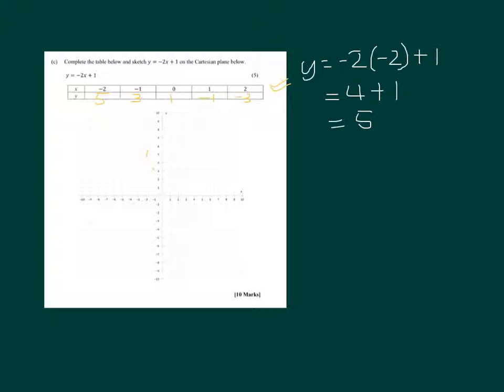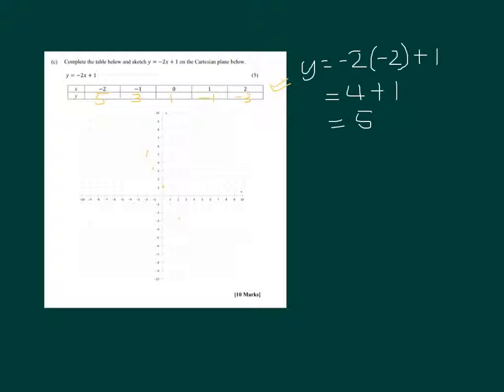So we need to try and get that point placed a little bit better than I have done. Then when x is equal to 0, y is equal to 1, that's this point on the y-axis. Then when x is equal to 1, y is equal to negative 1, and that's that point over there. And then when x is equal to 2, y is equal to negative 3, and that's this point over there, a little bit better.